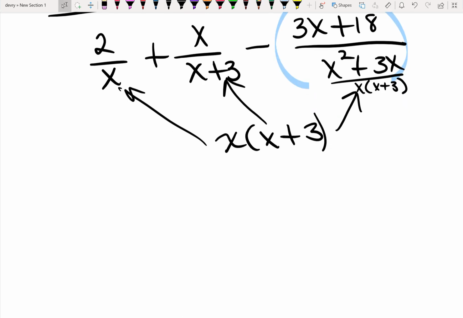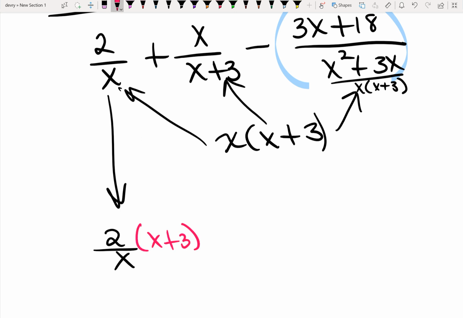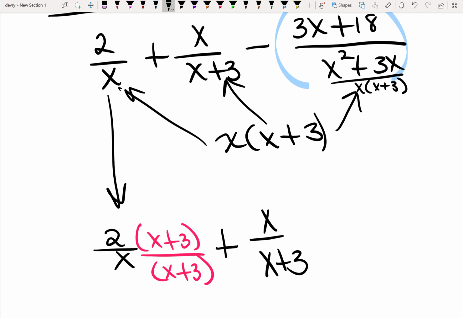So if I look at this term first, I have 2 over x, which means I am lacking the x plus 3. So I'll multiply that top and bottom, right? Plus, if I have x over x plus 3, and I have x times x plus 3 as my LCD, then I have to multiply by x top and bottom, right?